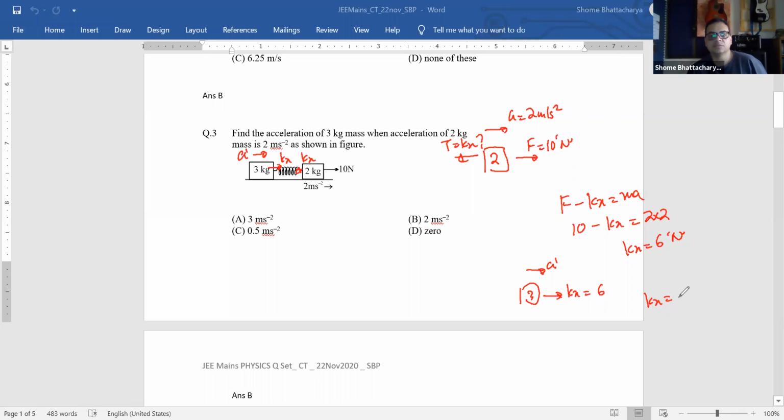So Kx will become equal to, say this. So A prime will become 2. Okay, so hope this is clear. Samarth, the question clear? Okay.